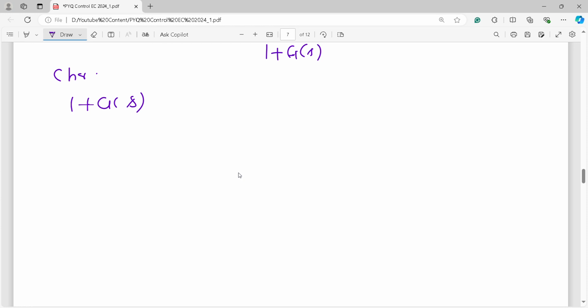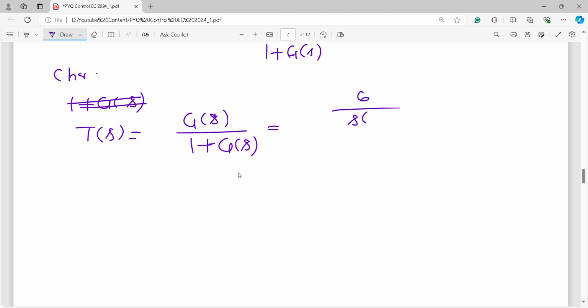So let's find the transfer function T(s) equal to G(s) by 1 plus G(s), because this is our unity negative feedback system, that's why the constant is positive here. Generally in the case of a stable system, we apply negative feedback. Okay, so G(s) is giving 6 by s into s plus 1 into s plus 2, over 1 plus 6 by s into s plus 1 into s plus 2.